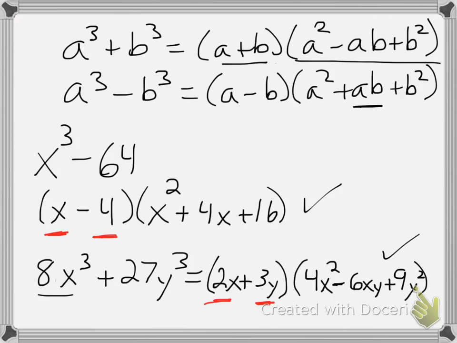Let me do one more, just to hopefully drive home the point. I'll say 216, let's do minus, and I'll say 343 y to the third. Let me use some bigger numbers. Again, we've factored out any GCFs.